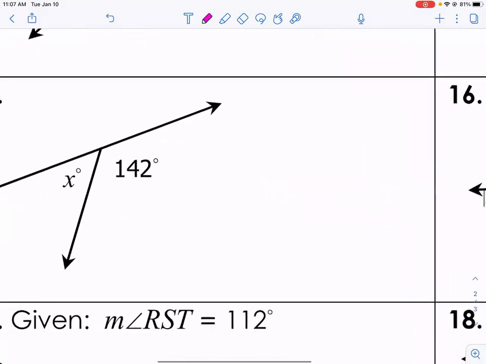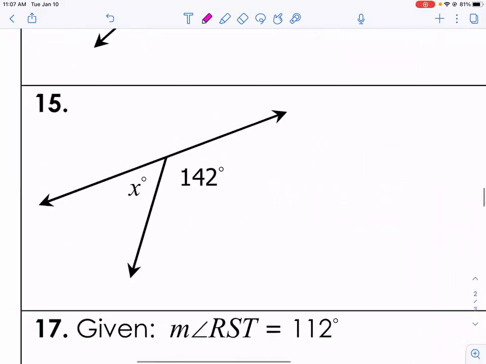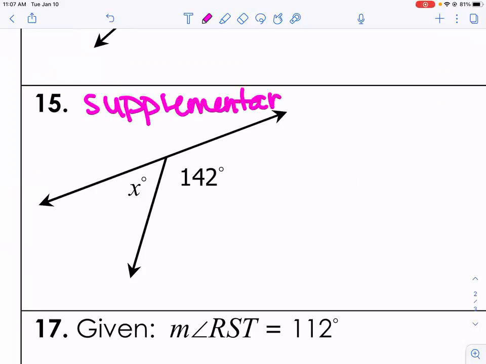Okay, let's talk about number 15. Tyler, what relationship do we have between these two? They're supplementary. Now, they also are adjacent, and right now that really doesn't have much of an effect on us. But these are supplementary because these two adjacent angles form a straight line.